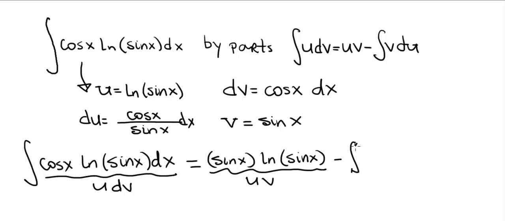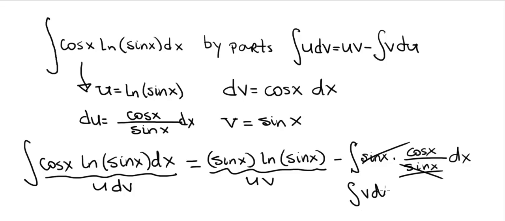Look what happens. We have v, that's sine of x, and then du, cosine x over sine x. And fortunately, sine in the numerator and denominator cancel, so our integral of v du is just the integral of cosine, which is easy to handle.